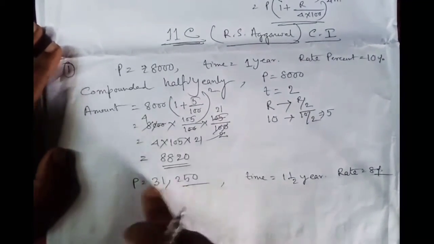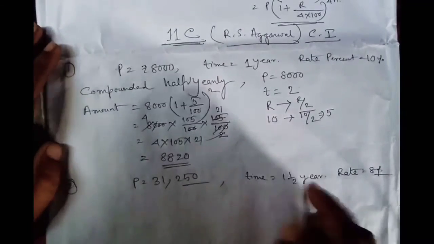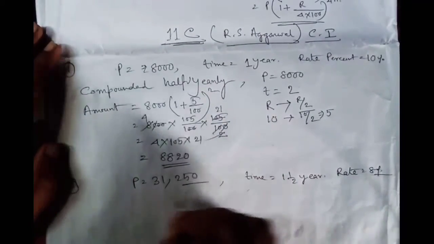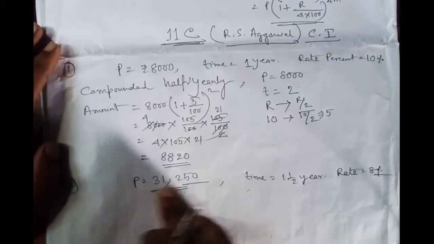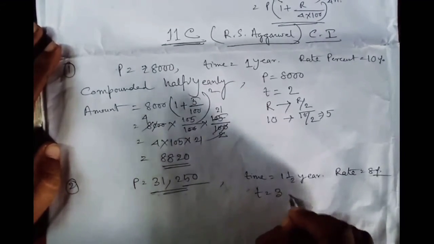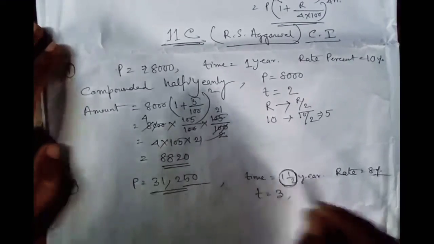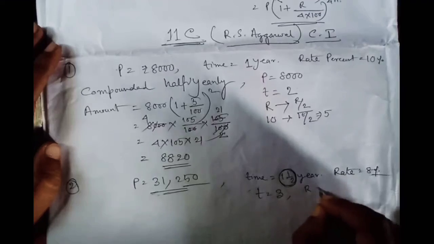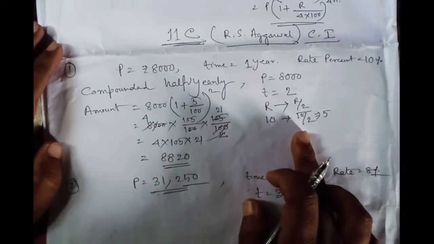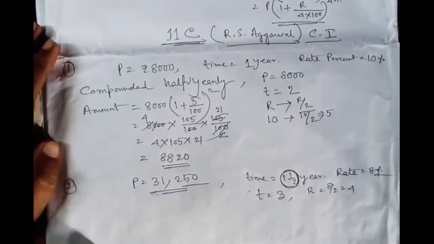Since it is compounded half yearly, P is 31,250, T is equal to 3, because in 1.5 year there should be 3 half years, and rate R is equal to obviously 8 by 2, that is 4.